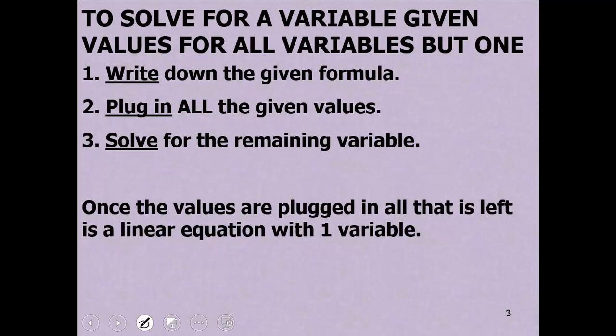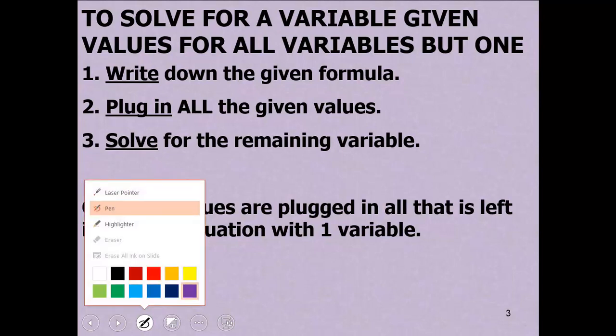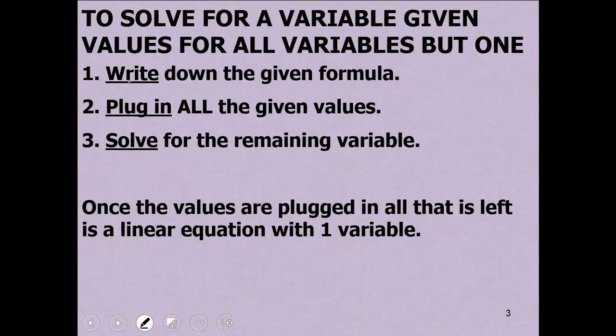When I'm solving for a variable and I'm given values for every variable except one, here's the process that I want you to use when working the problems tomorrow. I want you to write down the given formula. Just write down what they give you. Then I want you to plug in the values for the variables that are given.